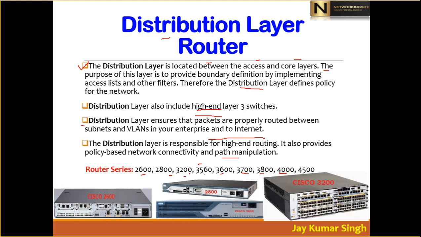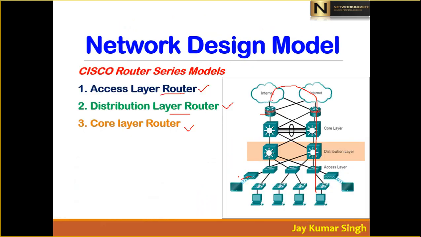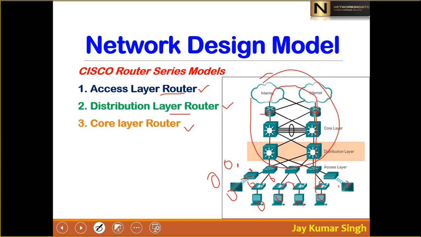Now, what's the difference between the distribution and core layers? Take, for example, the network of an ISP. We are the clients of the ISP, multiple clients, and end users have access layer devices.